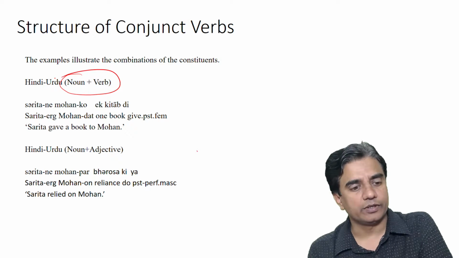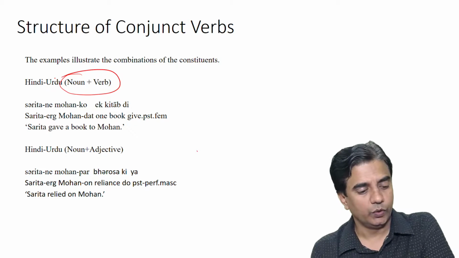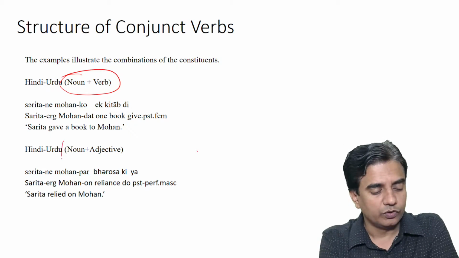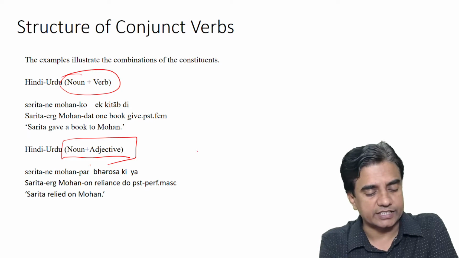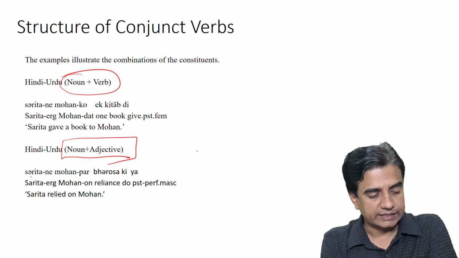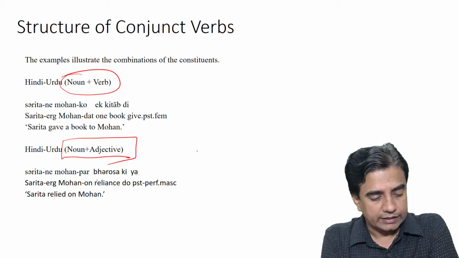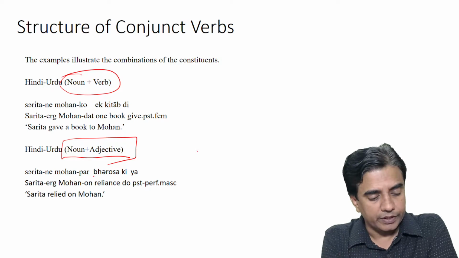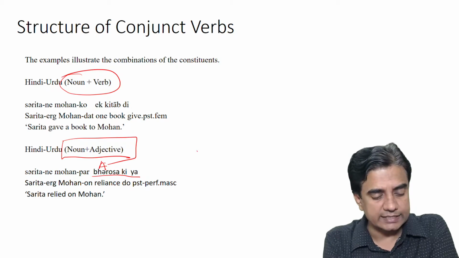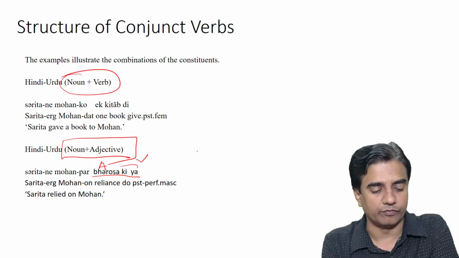Let's see an example of a conjunct verb from Hindi-Urdu. What we see here is an example of a noun and adjective sequence, and here we have Sarita ने मोहन पर भरोसा किया. This is the example where bharosa is an example of an adjective and kiya is an example of a verb.